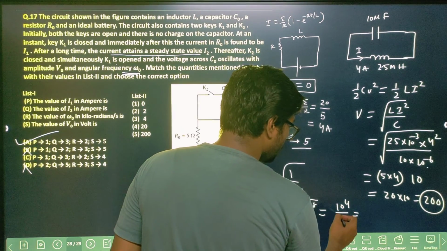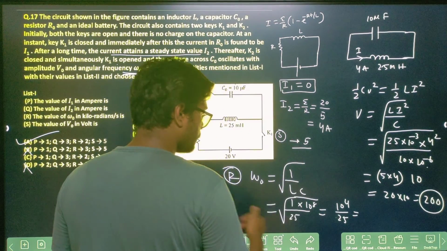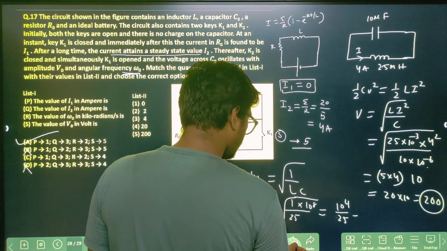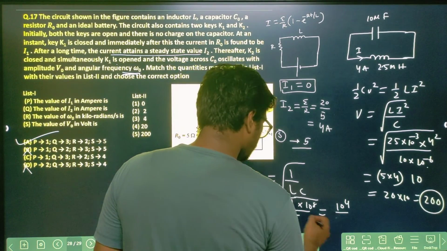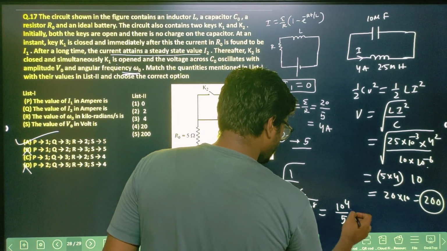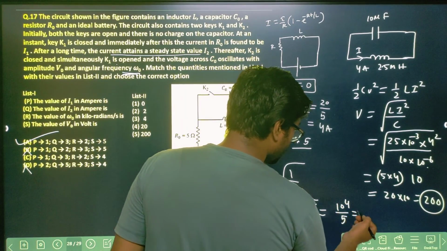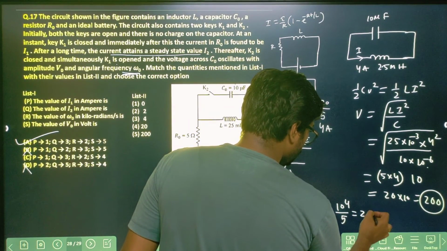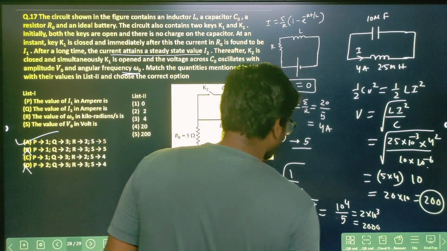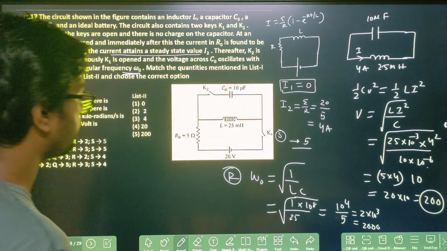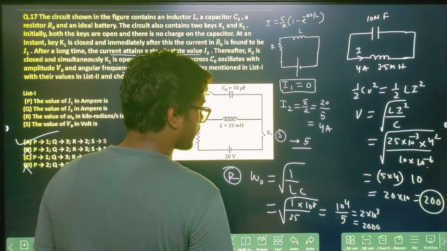So this will be 10 to the power 4 divided by, not 2, 5, since the root of 25 will be 5. So this will be 2 into 10 to the power 3, that will be 2000. Omega naught will be 2000 radian per second.